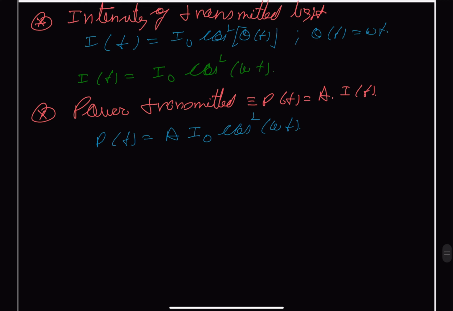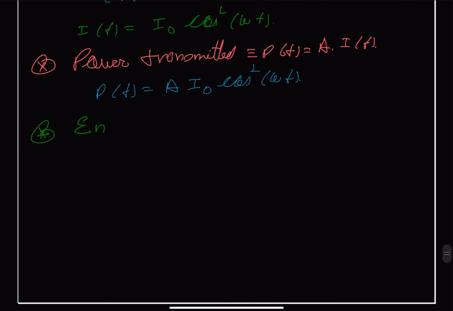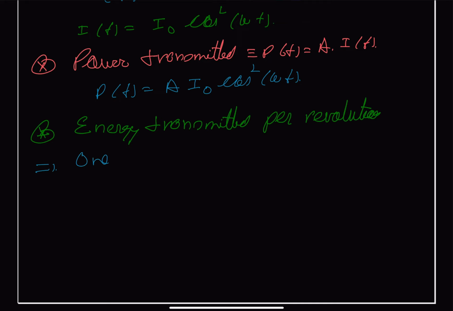So we can write that the energy transmitted per revolution, and suppose the time period is given as capital T. So we can say that for one revolution, capital T will be equal to 2 pi upon omega.